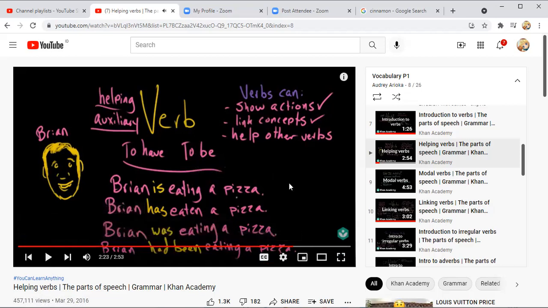Oh yeah. Okay, so that's why what I thought about to be is actually correct. So this helping verb is actually like when you use to be, right? Is, are, and then was, were, etc. You actually will use another verb too, right?